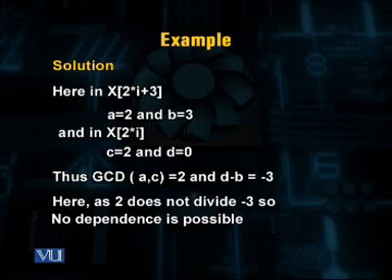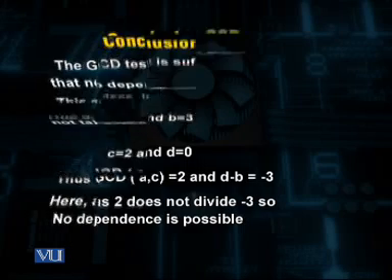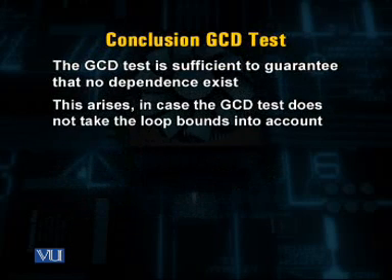Similarly, the value of d minus b in this example is equal to minus 3. Here, as 2 does not divide minus 3, therefore we can say that for this particular loop, no dependence is possible. So as a conclusion, we can say that the greatest common divisor test is sufficient to guarantee that no dependence exists.